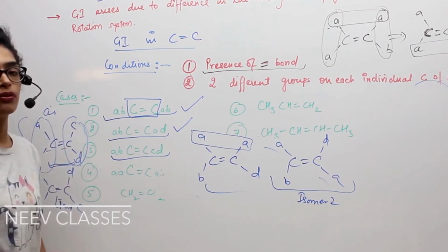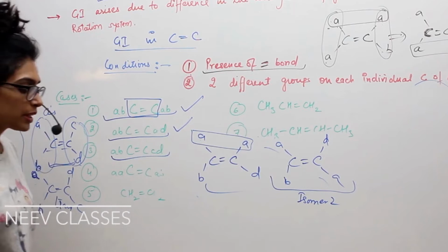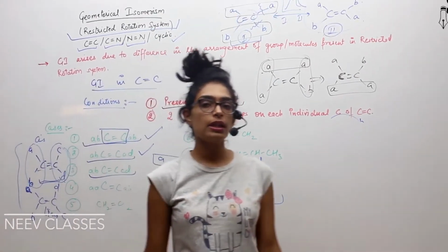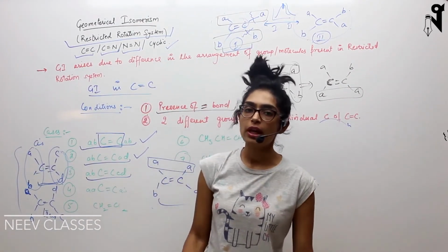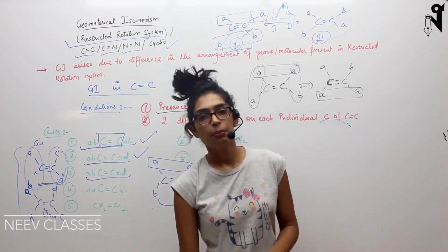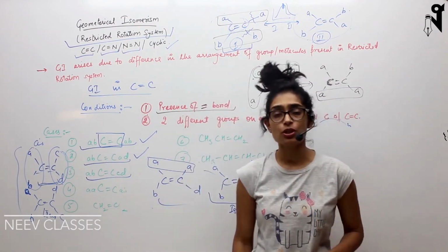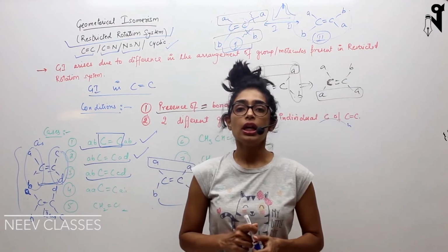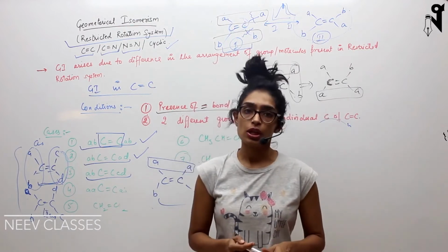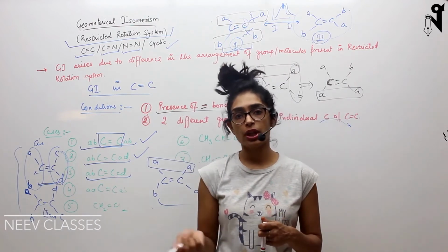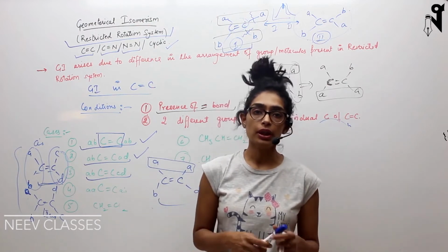Not even one pair of groups needs to be the same. It can be all four different, and still the isomers they can form can be geometrical isomers, because in geometrical isomerism we basically check the change in the relative positioning of the groups. So if the relative positioning is changing, then they can form the isomers.